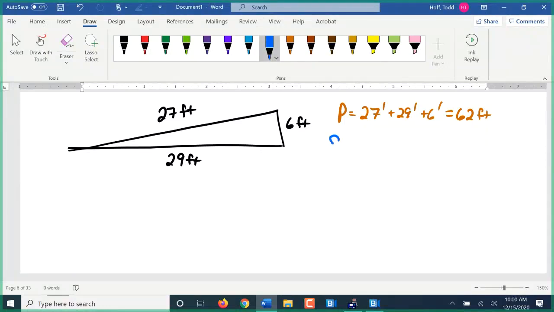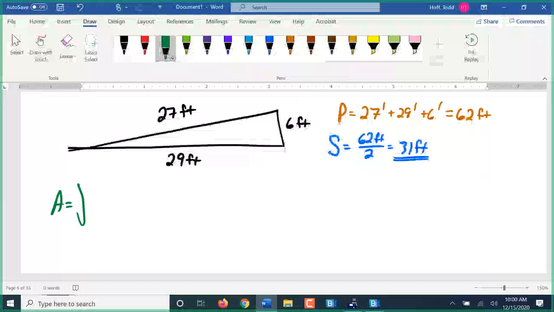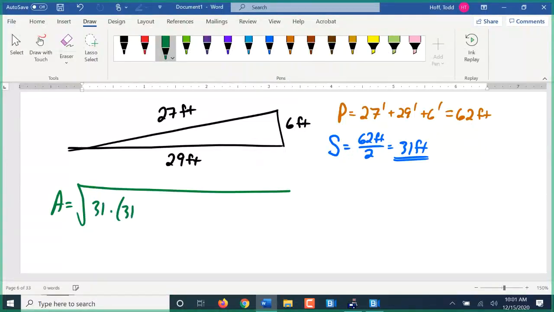So my semi-perimeter is 62 feet divided by 2, which is 31 feet. So the area will be the square root of 31 feet times 31 minus the 6, times 31 minus the 27, times 31 minus the 29.